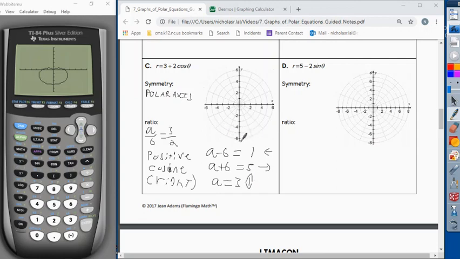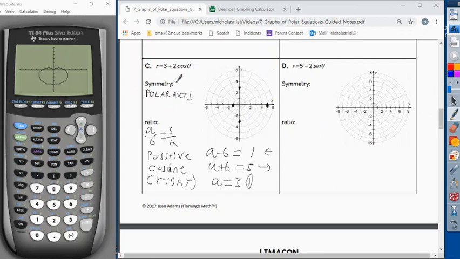So in this case, we're going to have a point at -1. We're going to have a point at 5. And we'll have y-intercepts at 0, 3, and 0, -3. And this is what a dimpled limacon will look like.